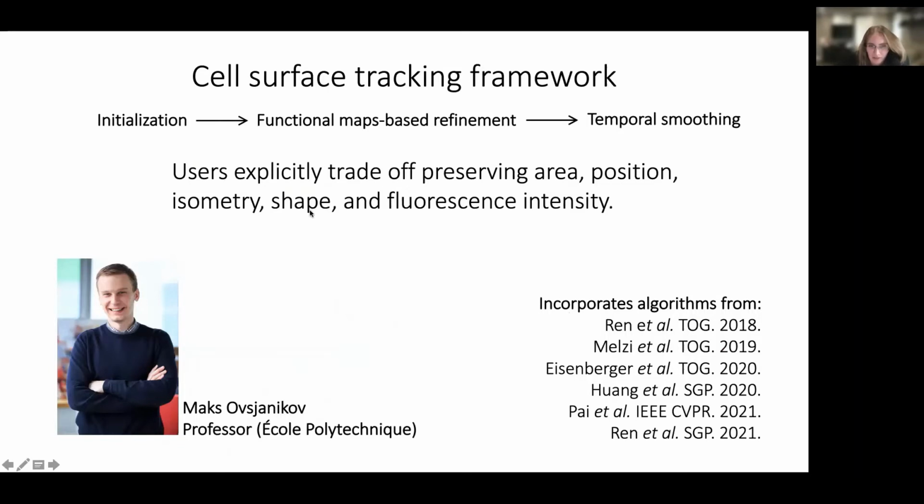Really, what I think is most exciting about the framework is that we allow users to specify what conservation laws they want to use, right? So you can say that you want to preserve surface area from frame to frame, or position, or isometry, or shape, or fluorescence intensity, whatever you would like as a user. Some of those are unstable, but it still gives you freedom as a user to decide what you want to do.